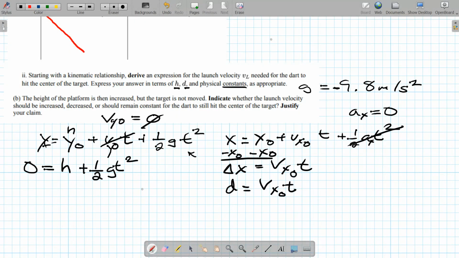So now to do that, I need to solve for t squared. There's a couple ways to do it. I'm going to toss the h over to the other side. So I'm going to say negative h is equal to 1/2 times g t squared. And then I'm going to multiply both sides by negative 1.